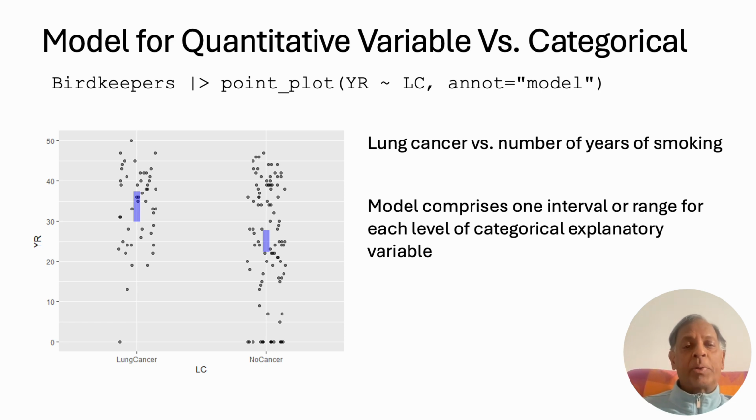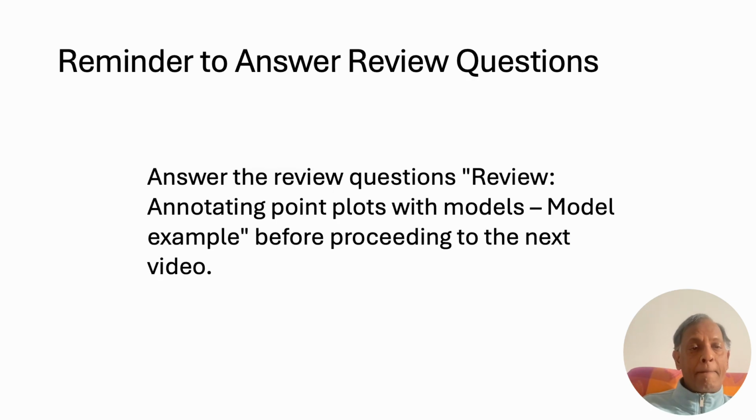The model comprises two intervals, one interval for each level of the categorical explanatory variable, namely lung cancer and no lung cancer. Just like in our previous case, we had female and male gender as the explanatory variable, and for each of them we saw the model. So that's just giving you an intuition for models.